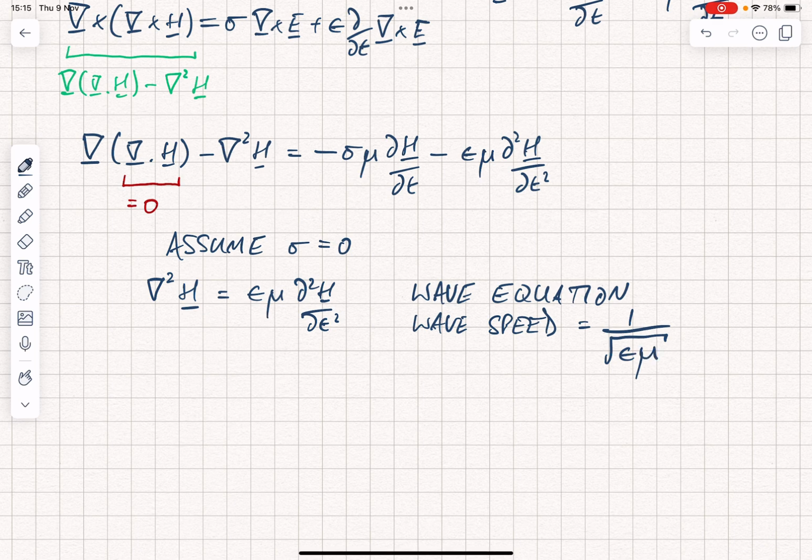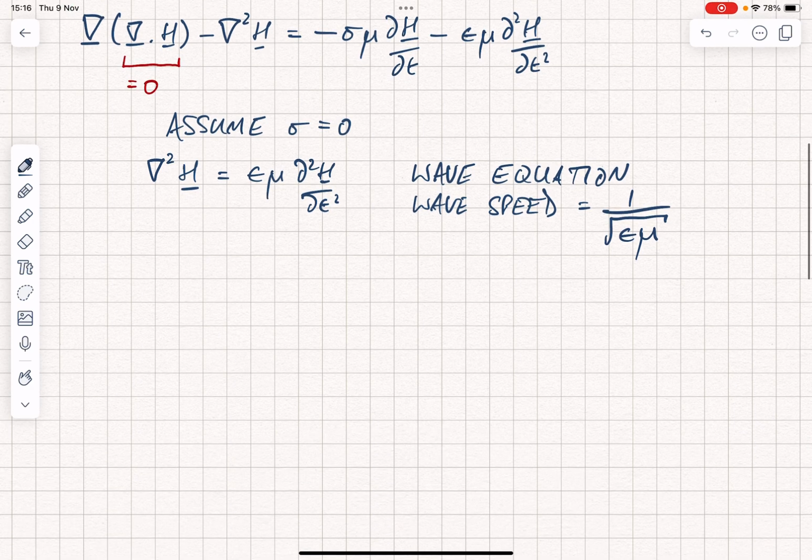If we're in a situation where epsilon is equal to epsilon naught and mu is equal to mu naught, i.e. we're in a vacuum, you'll find that that number is exactly equal to the speed of light. And this in fact was what gave Maxwell the clue to think that light might well be some kind of wave involving electromagnetism. In a paper in about 1865, he in fact notes this. He says that the similarity is so close that we should perhaps draw this inference.